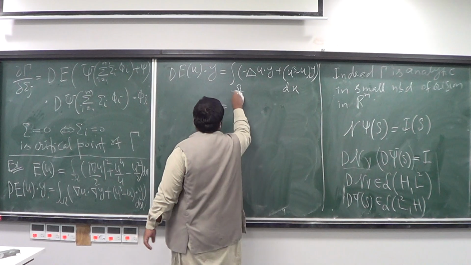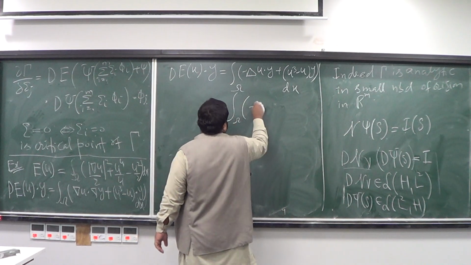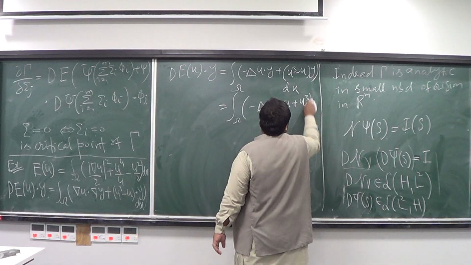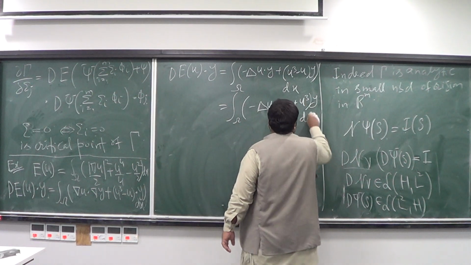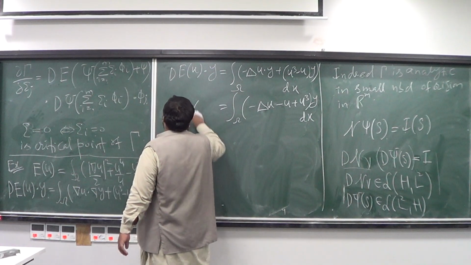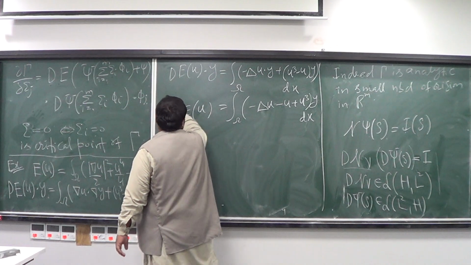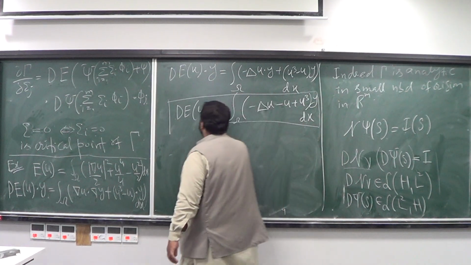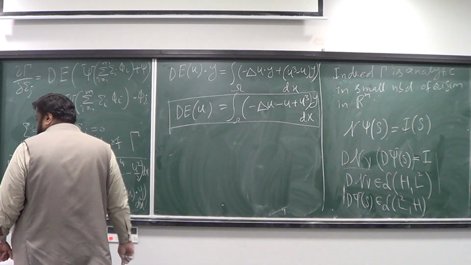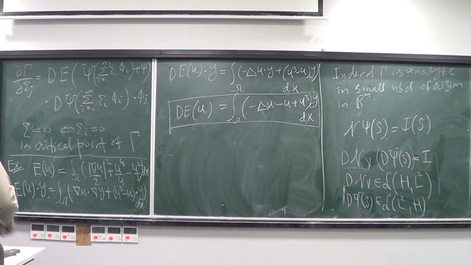And hence you can put it simply that this is going to be minus Laplace u minus u plus u cube times y dx. So this is really the expression for the Fresher derivative of E of u.